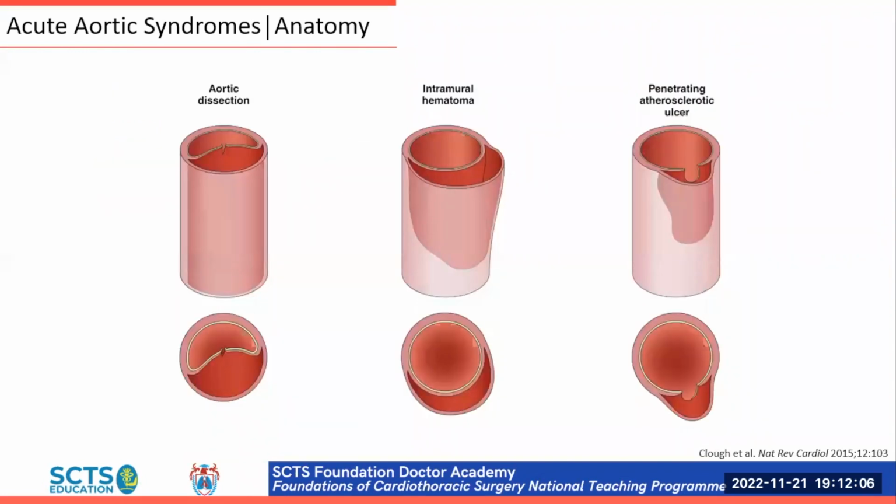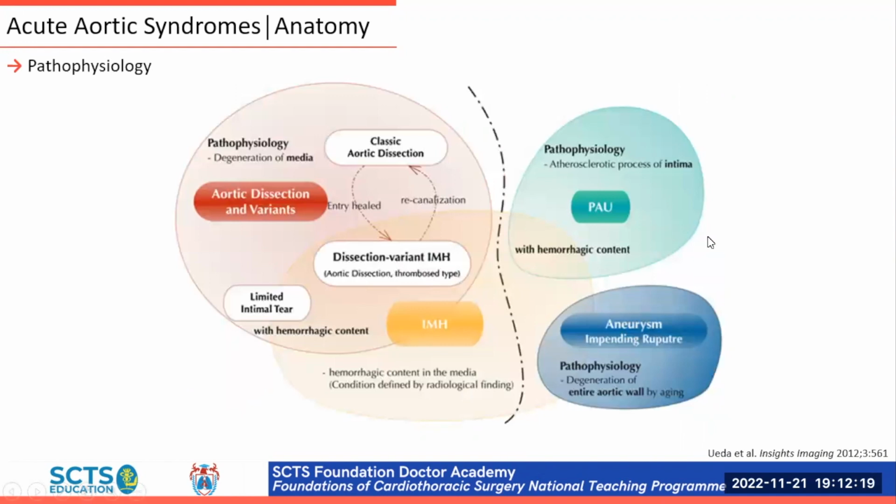But 90% of the acute aortic syndromes are represented by the typical or classical aortic dissection, the intramural hematoma, and the penetrating aortic ulcer. It's very interesting because in the last decades, there has been a big debate to understand if these three acute aortic syndromes are different or belong to the same disease captured in different time frames.